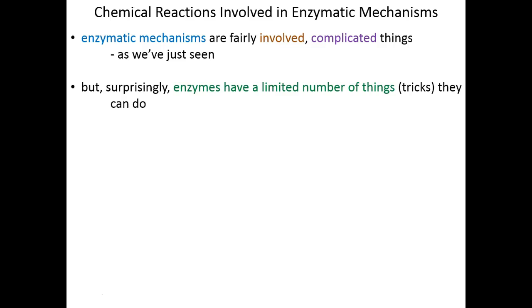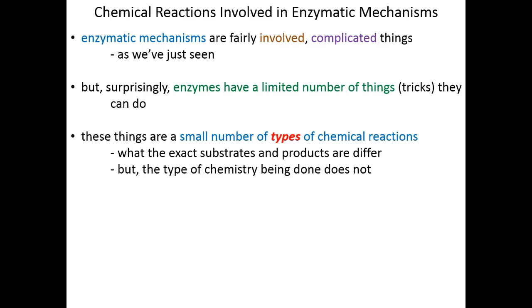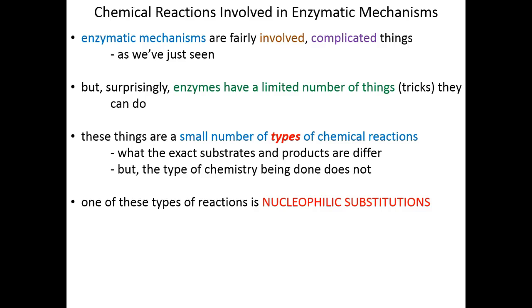But surprisingly, enzymes have a fairly limited number of tricks up their sleeve that they can do. We call these tricks, quote unquote, types of chemical reactions, and we classify them as such. Of course, the exact substrates that are experiencing these reactions and the enzymes that are performing them differ, but what the enzymes can do is largely the same across all enzymes.